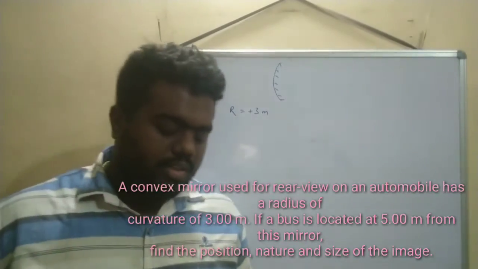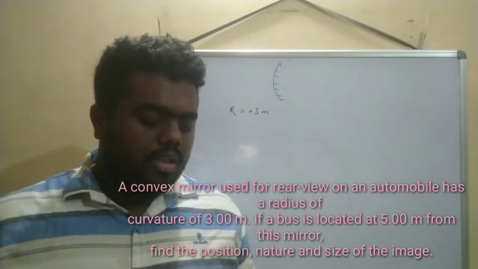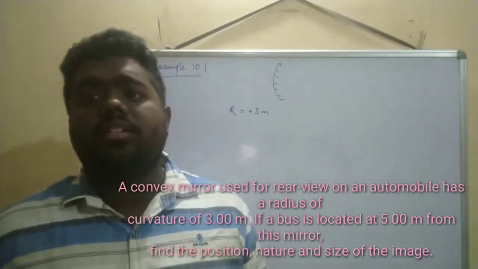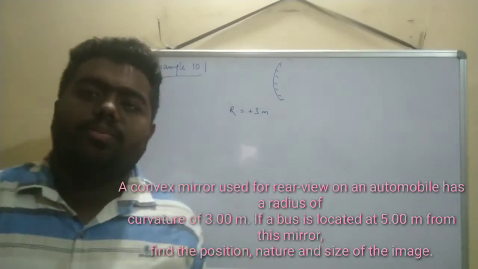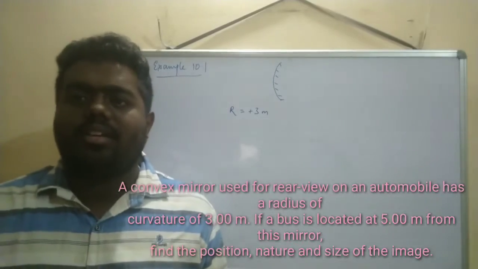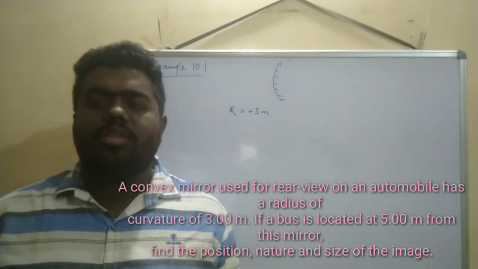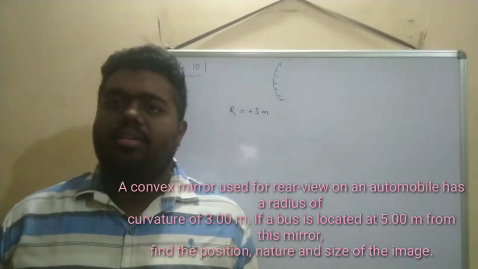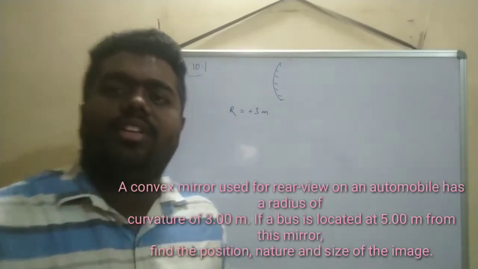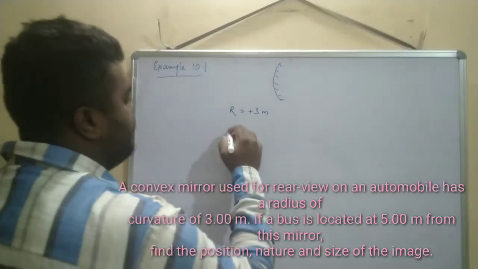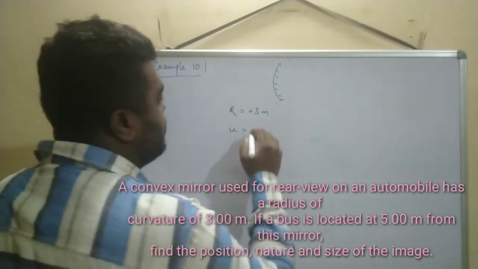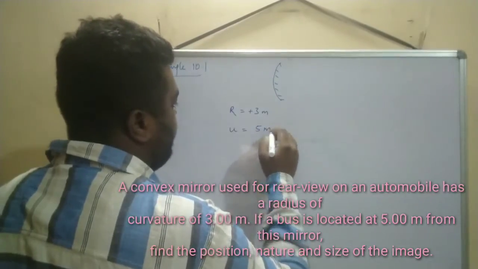Okay, now reading further. If a bus is located at 5 meters from this mirror, now there is a bus. Okay, this bus can be treated as object. So bus is object. Now the bus is 5 meters away from this mirror. That means value of u is given. Object means u. u is how much? 5 meters.